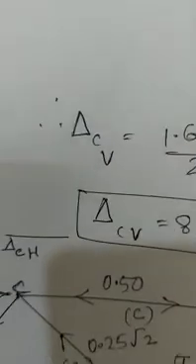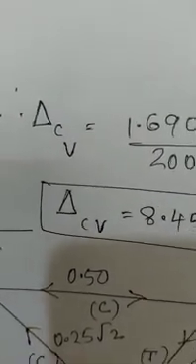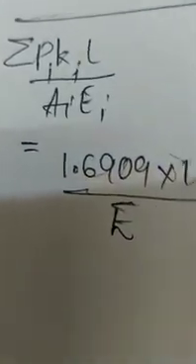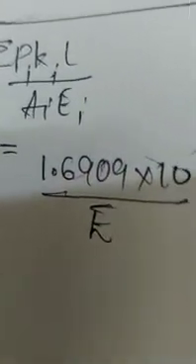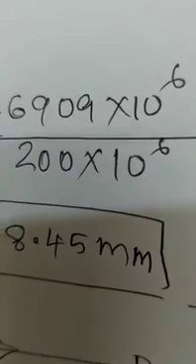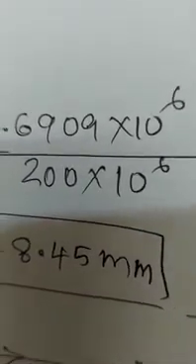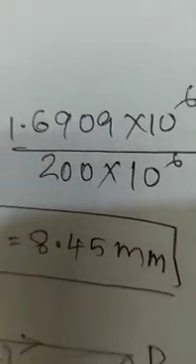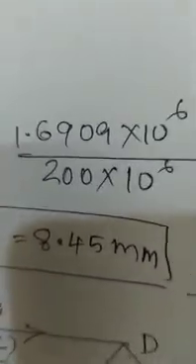So what will be your delta C in the vertical direction? The displacement at C in the vertical direction will be equal to the last value in the column, sigma PKL by AE after addition, divided by E. What is E? Now I'll substitute for E in kilonewton and meter square. E is 2 into 10 to the power of 5 Newton per mm square.